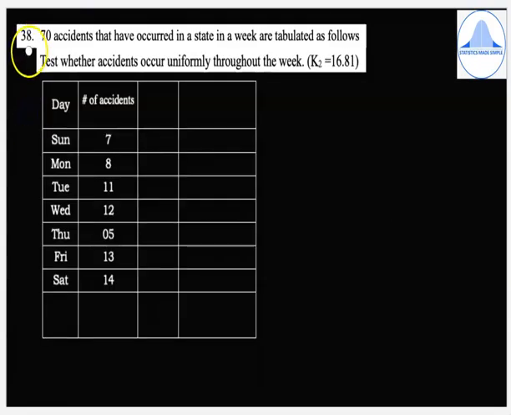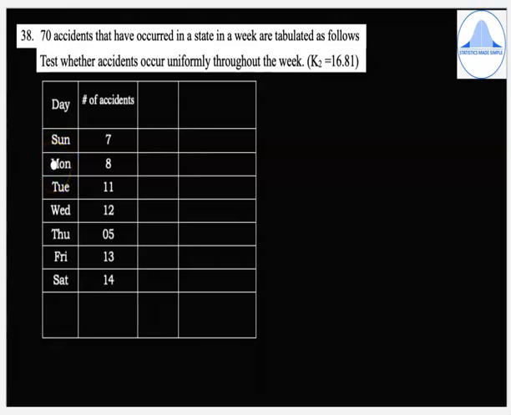38th question. 70 accidents that occurred in a state in a week are tabulated as follows. Test whether accidents occur uniformly throughout the week. Chi-square value is 16.81. So the given problem is based on chi-squared test for goodness of fit.